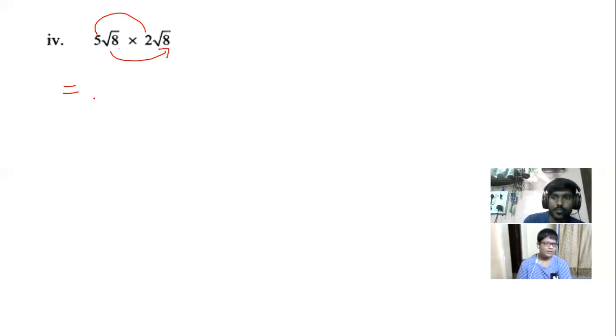So we have to multiply 8 and 8 also, inside the root. One thing I can tell you, your answer will be a rational number. It will not be a root in this case. Try, come on.